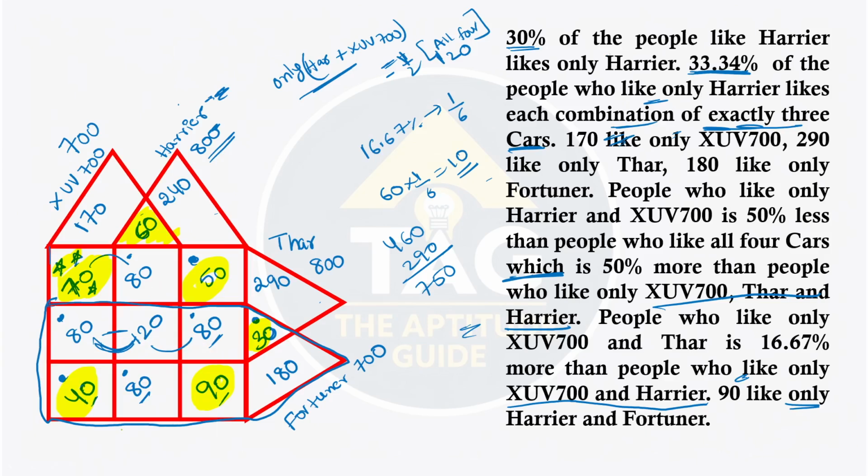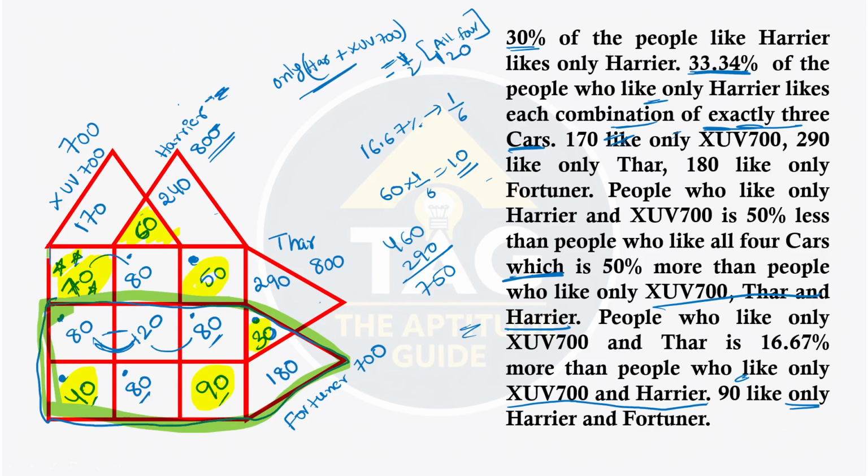Let us do it this way. But not Fortuner, so there is a negation for Fortuner. Let's leave this first. Only XUV 700 and Thar, but not Fortuner. So where do these two meet?